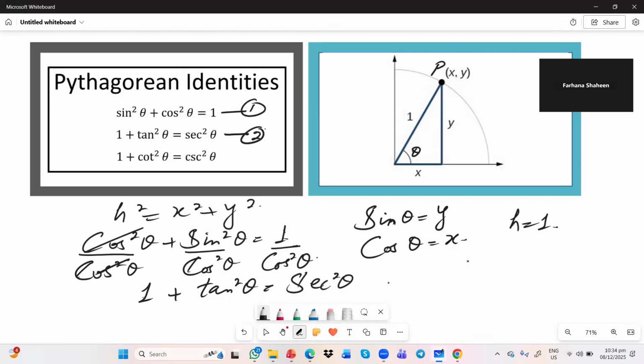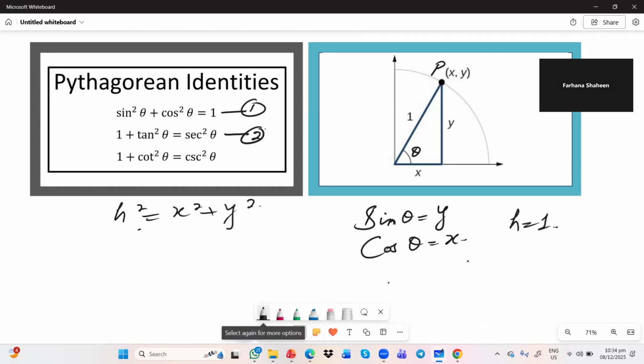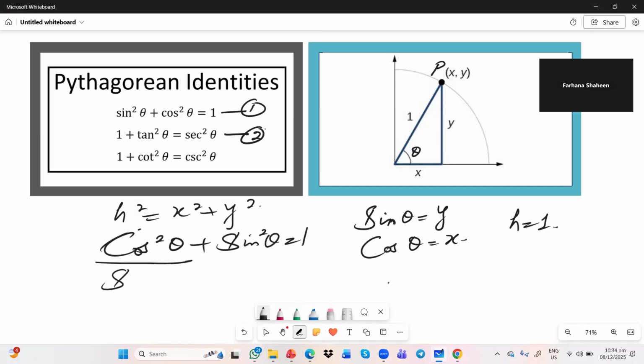Now, what if instead of dividing by cos square theta, we divide the whole identity by sine square theta? So we'll have cos square theta plus sine square theta equal to 1, and we are dividing by sine square theta on both sides.